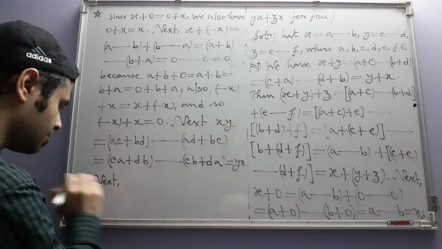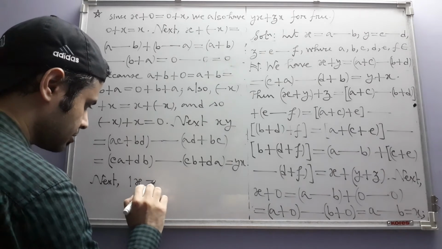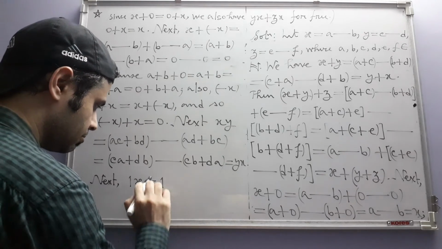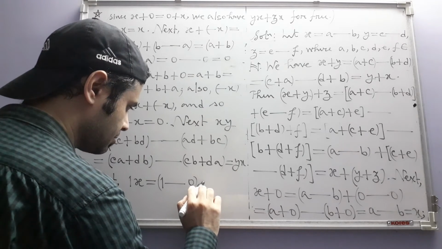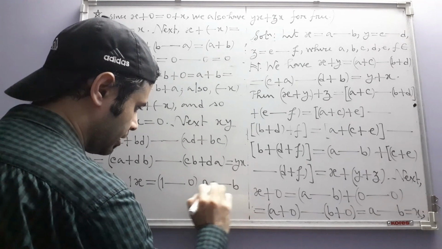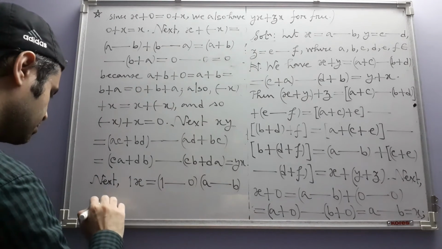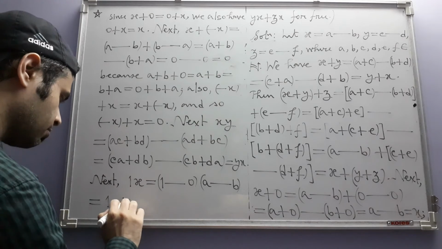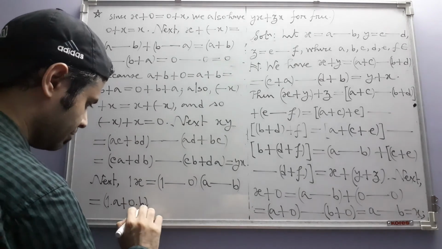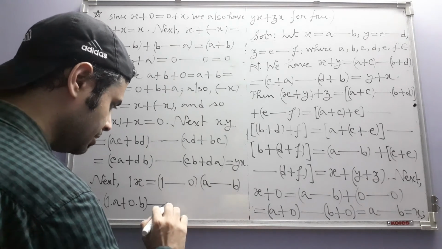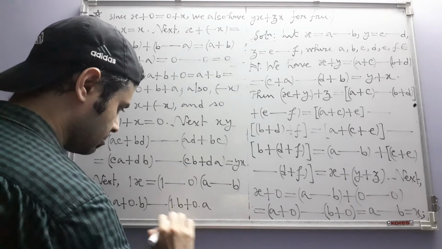Okay, next we come to the multiplicative identity. 1 times x is equal to (1 dash 0) times (a dash b). So this is 1 times a plus 0 times b, dash 1 times b plus 0 times a.